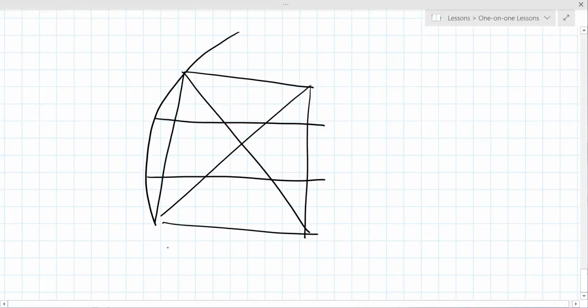They would say, what if you had a circle like that? And they'd give you angle 1 and you'd have to find all the other angles in the drawing.